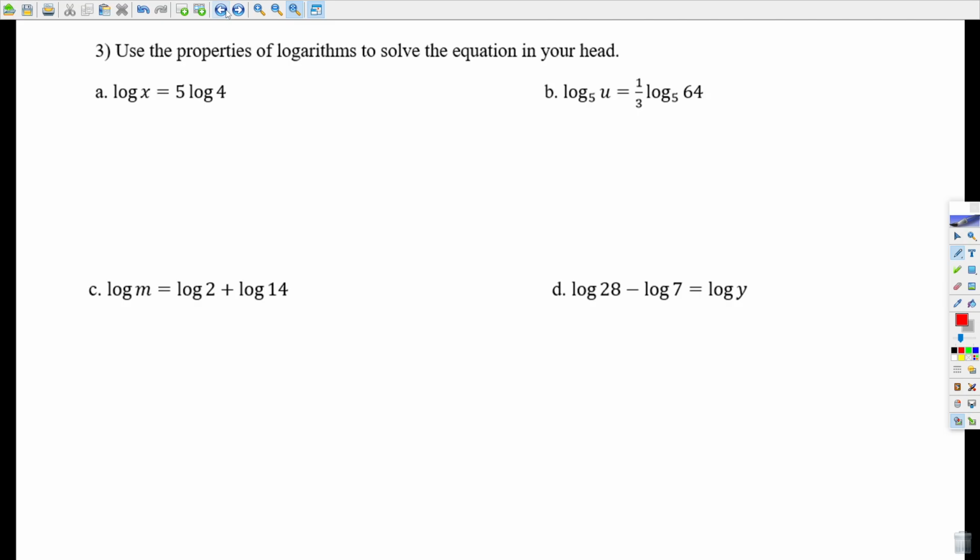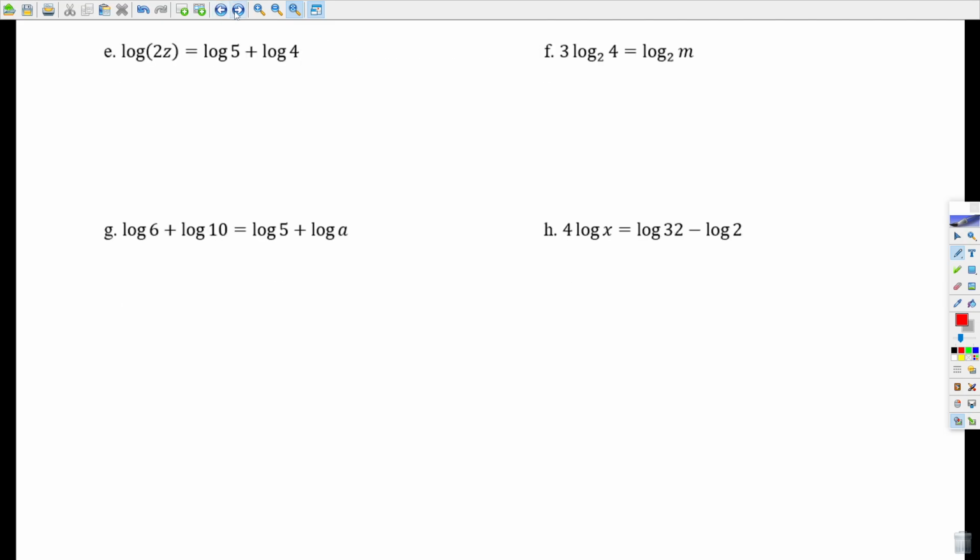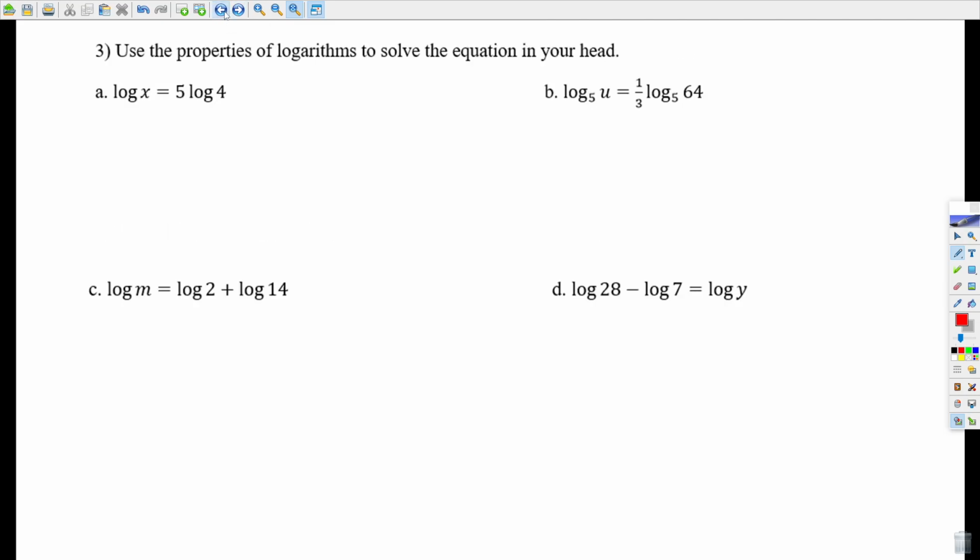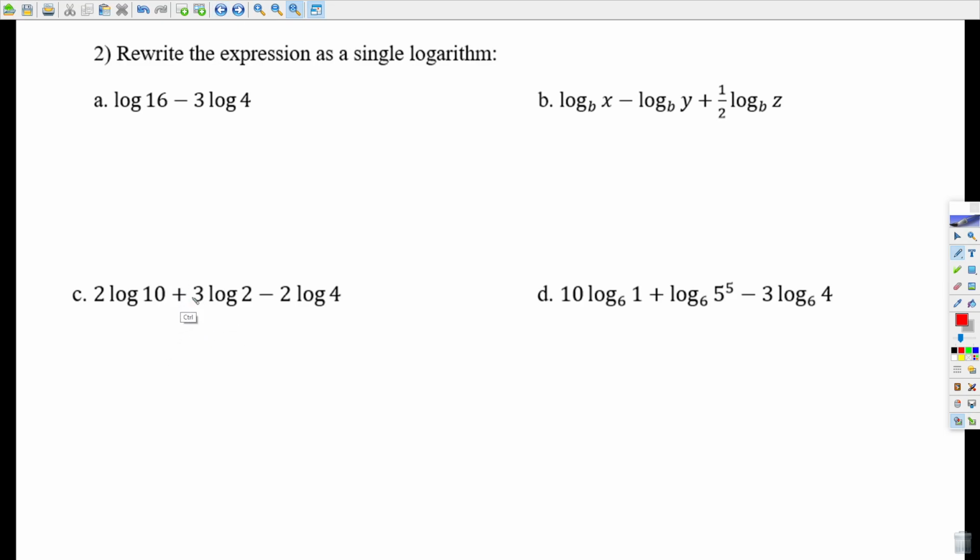Maybe I'll just do one more. I'll do something like C. So remember, if you see the numbers out in front, we're going to do them first. So I'm going to put them on top. So we're going to have log of 10 squared plus log of 2 to the third. There's another one here. Minus log of 4 squared.